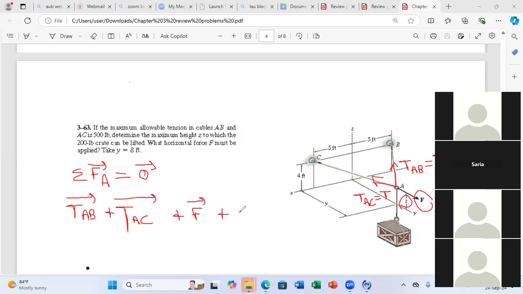And now all you have to do, as usual, is to find the expression of all of your forces. And then when you express your forces, you will have two unknowns only in these expressions, which are the magnitude of F and Z.